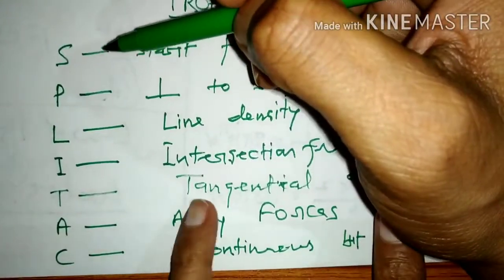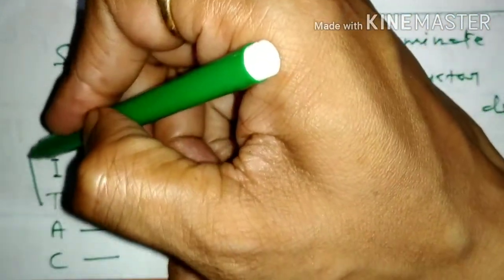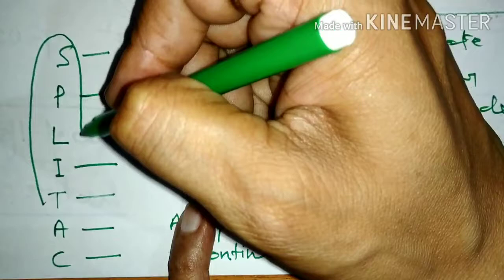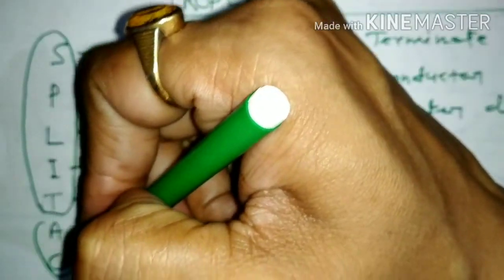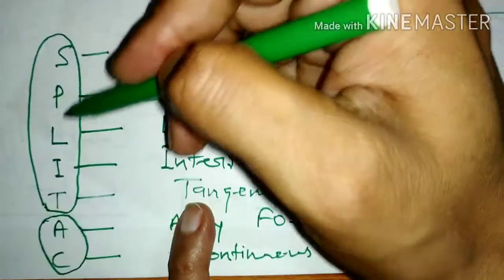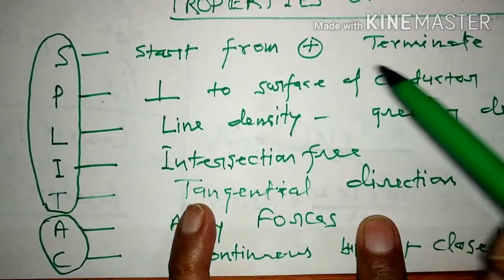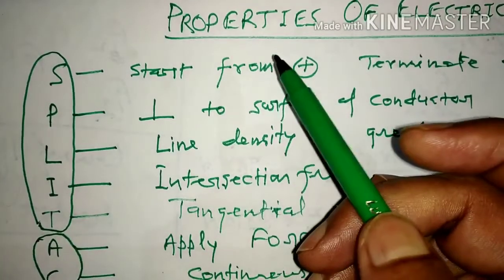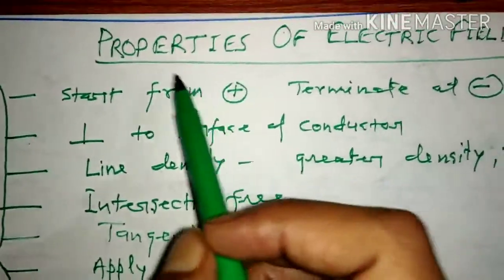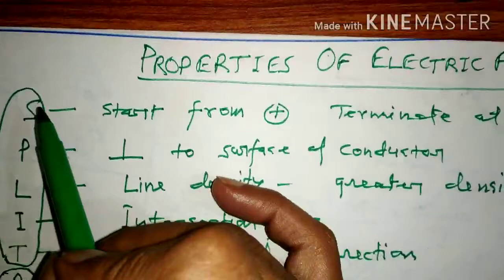In the last video I already told you that we will study the properties of field lines with the help of an air conditioner, so here, the split AC. Now just focus on these terms. These are the properties of electric field lines.